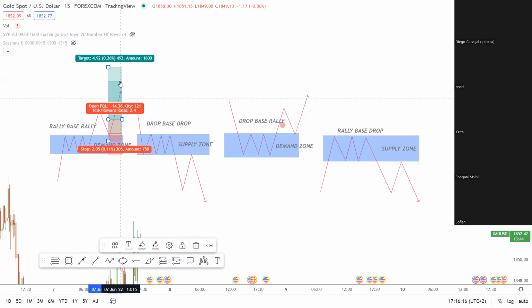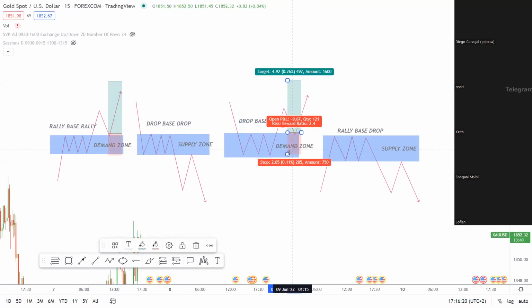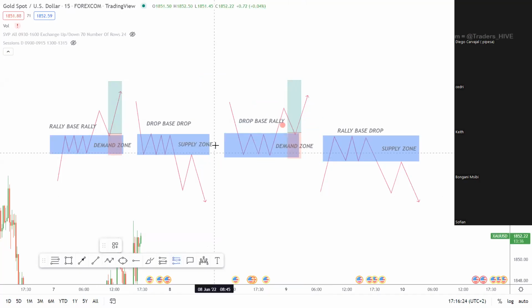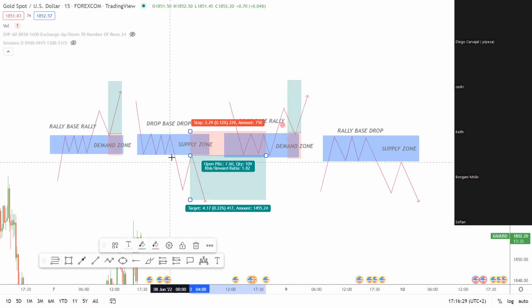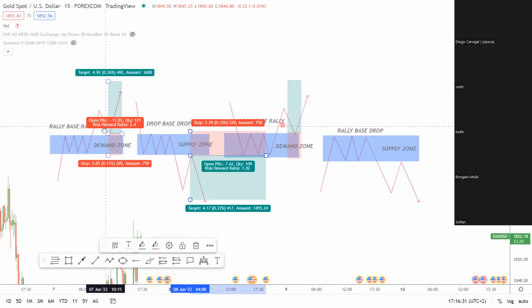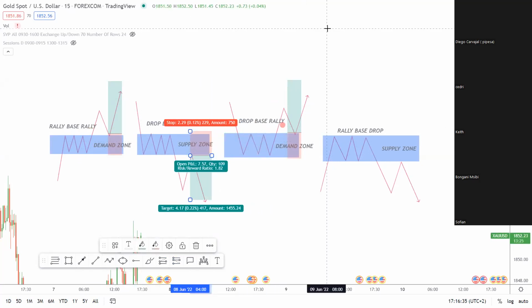I'm not sure if this is answering your question, okay? But the entry must always be on the retest, okay? After price has broken out the base and we know the direction of the price, okay? Does this answer your question?